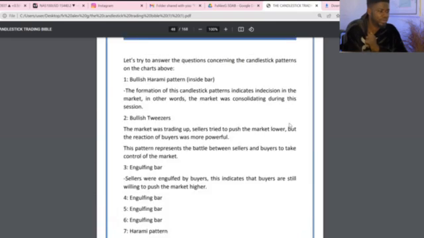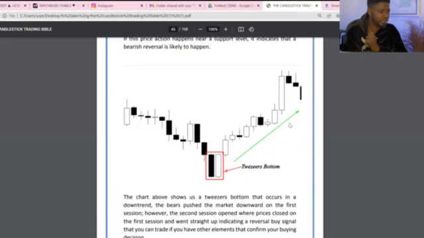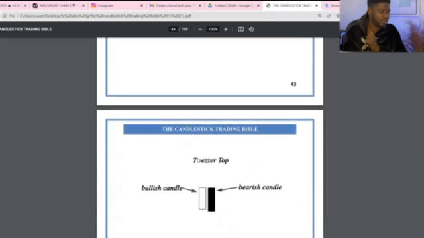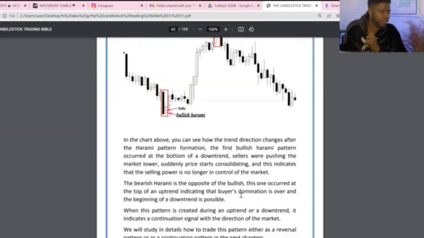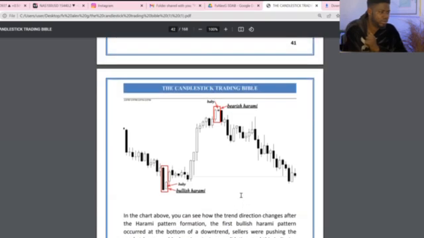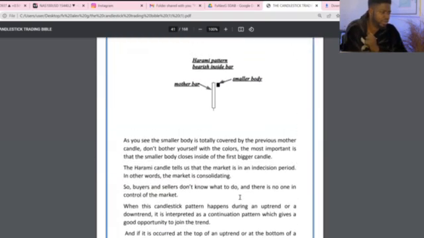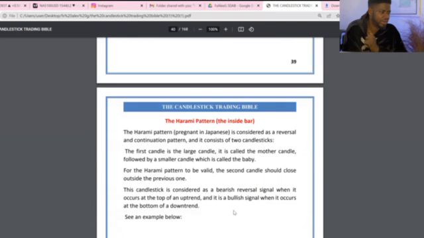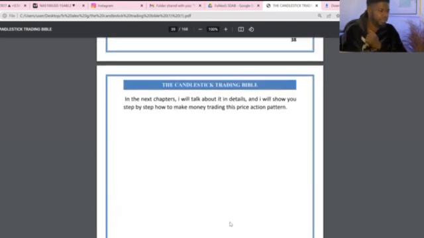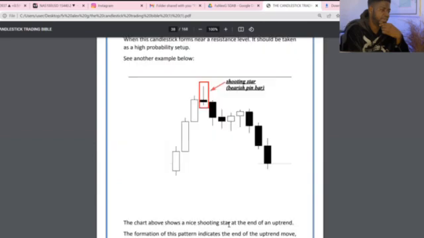Add to my knowledge. It's very important. If you look at this place, you will see a lot of candles, tweezer top, tweezer bottom, all those candles. But I don't want to waste a lot of your time. I just share the candlestick patterns that matter, the ones that can help you to be profitable in the market.